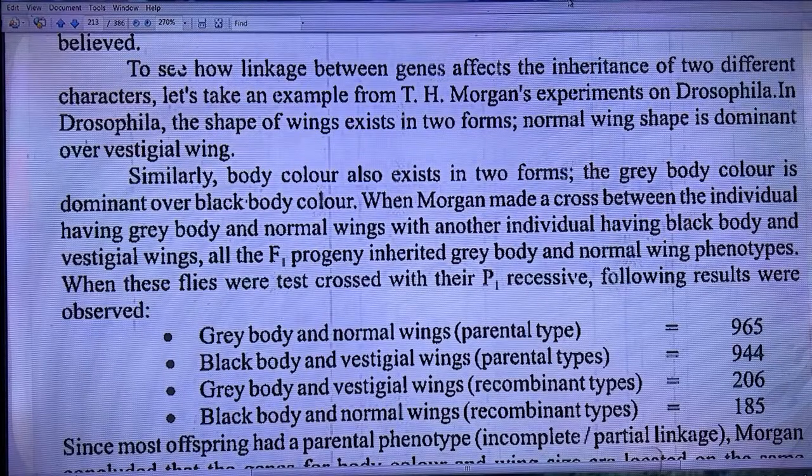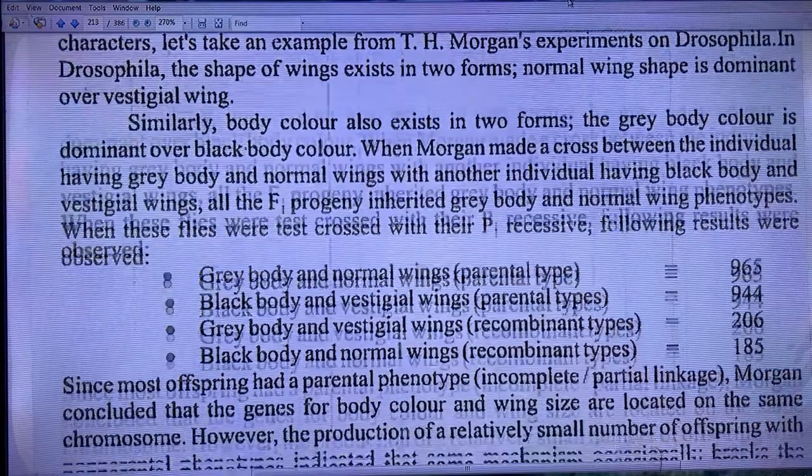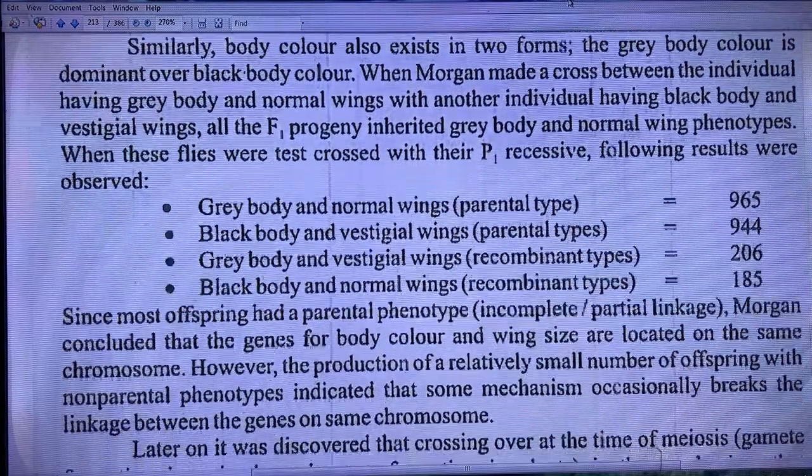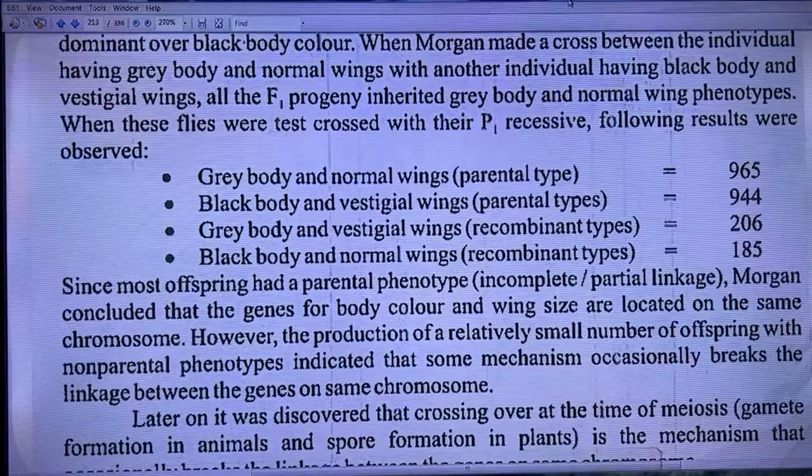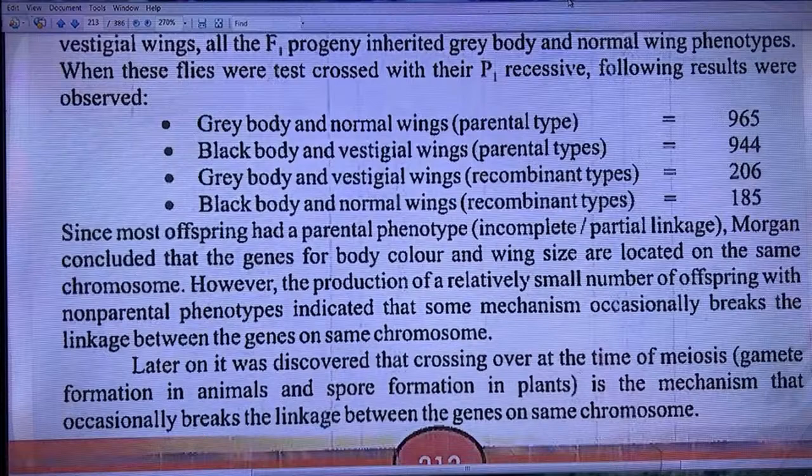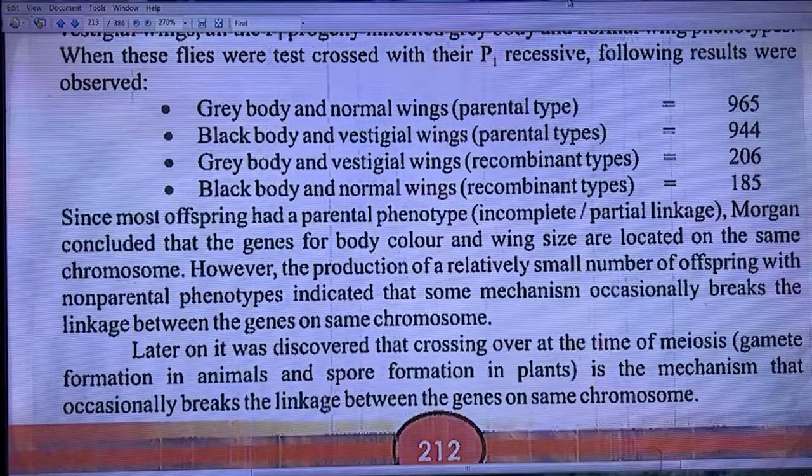When Morgan made a cross between an individual having gray body and normal wings with another individual having black body and vestigial wings, all the F1 progeny inherited gray body and normal wing phenotype. When these F1 flies were test crossed with the recessive parent, the following results were observed.